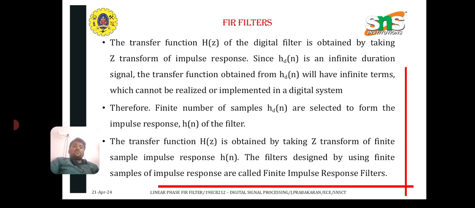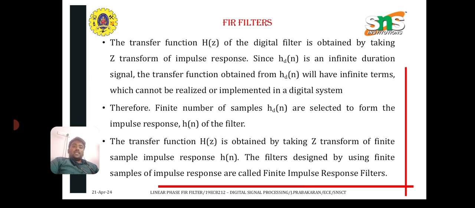The transfer function H of z of the digital filter is obtained by taking the z transform of the impulse response. Since HD of n is an infinite duration signal, the transfer function obtained from HD of n will have infinite terms, which cannot be realized or implemented in a digital system.